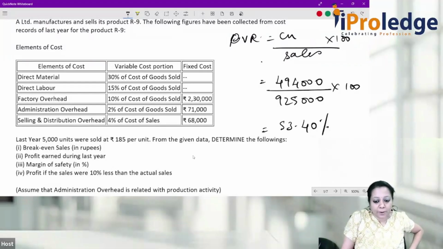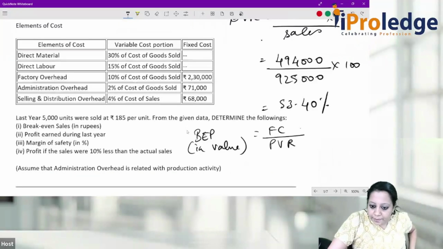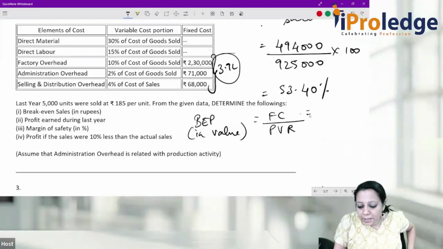Why did we need it? We need a break-even point. Break-even point in value is going to be fixed cost divided by PVR. Fixed cost is going to be 3.9 lakhs. So 3.9 lakhs divided by 53.40 percentage.